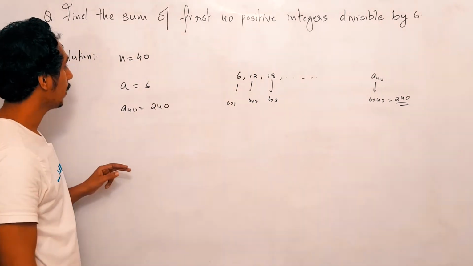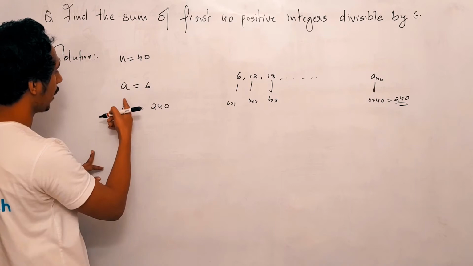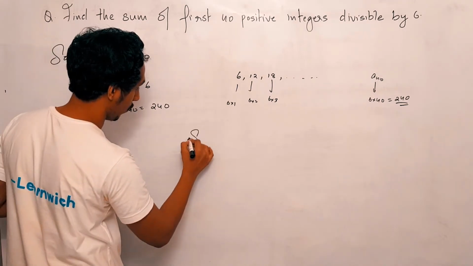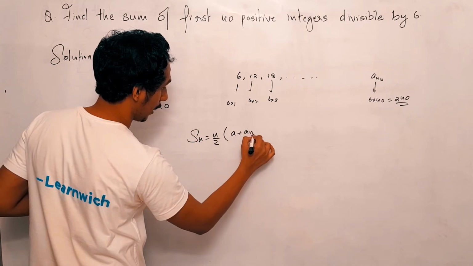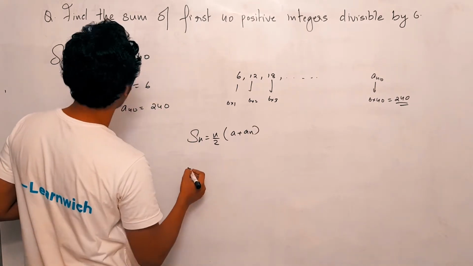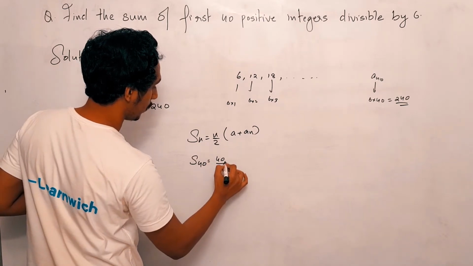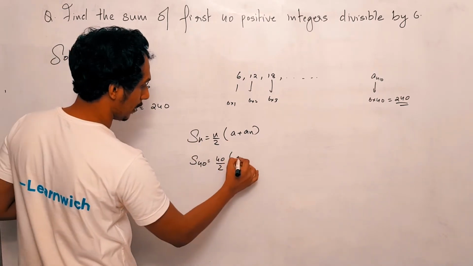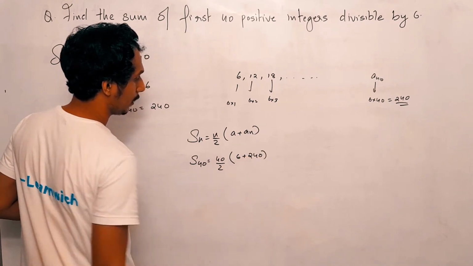So what do we have with us now? We have N, we have A, we have AN. We already learned Sn equals N by 2 into A plus AN. We already know the formula. What is Sn? S40 equals 40 by 2 into, what is A? A is 6. What is AN? 240. That is so simple here.